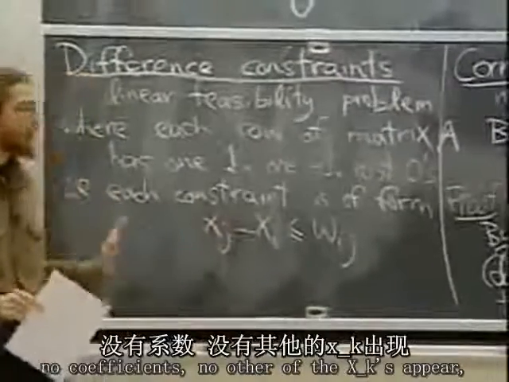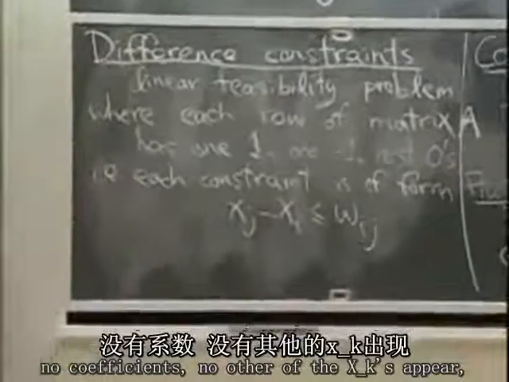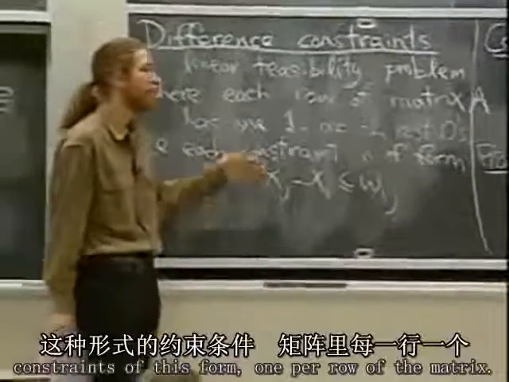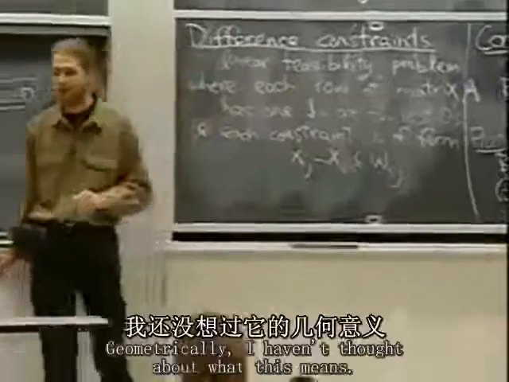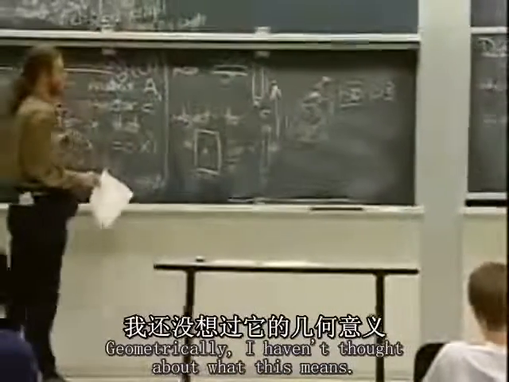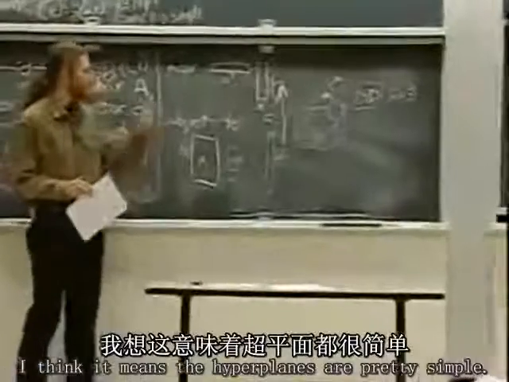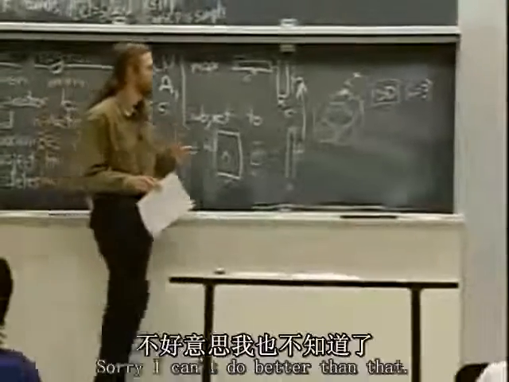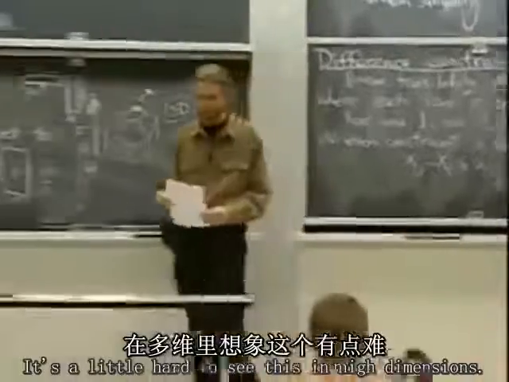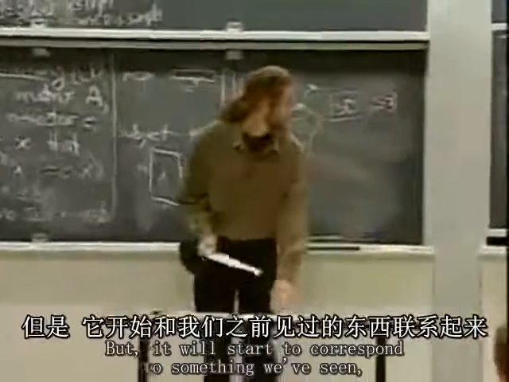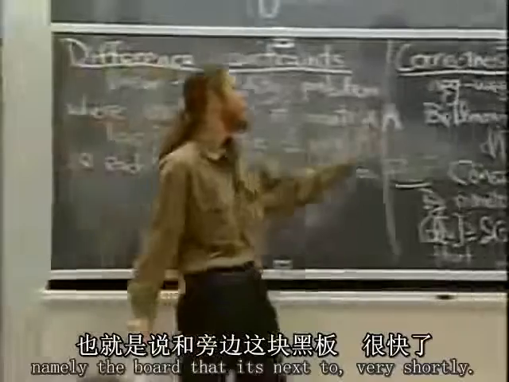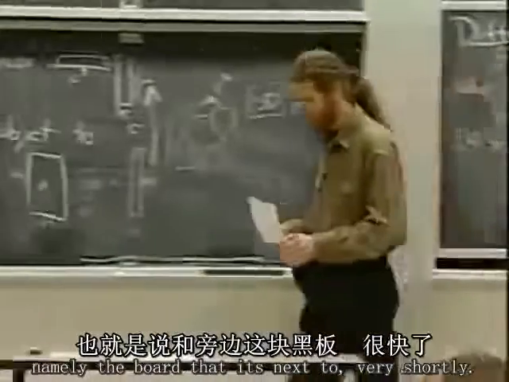No other of the xk's appear. Just two of them. And you have a bunch of constraints of this form, one per row of the matrix. Geometrically, I haven't thought about what this means. I think it means the hyperplanes are pretty simple. Sorry, I can't do better than that. It's a little hard to see this in high dimensions. But it will start to correspond to something we've seen, namely the board that it's next to, very shortly.